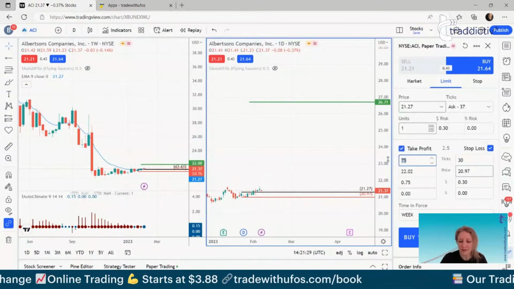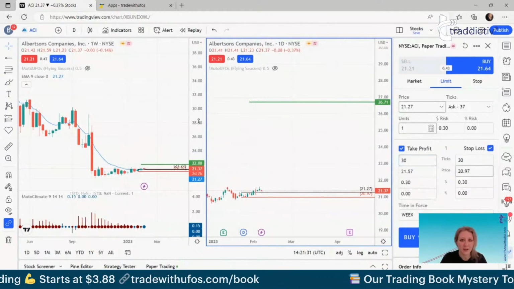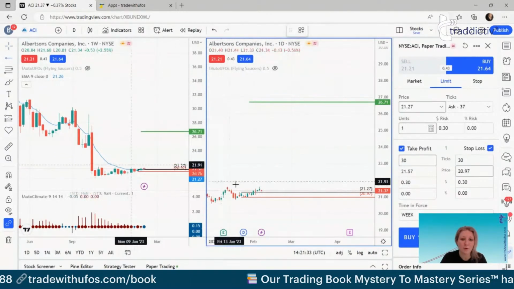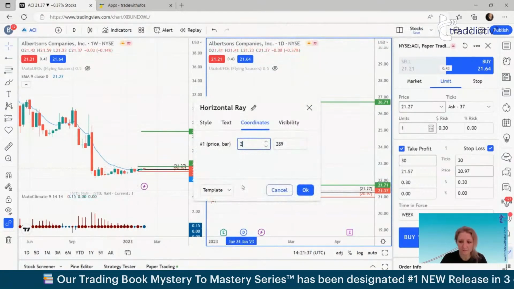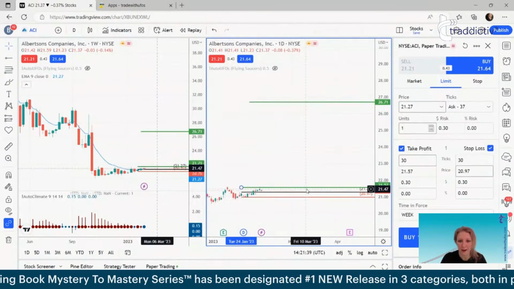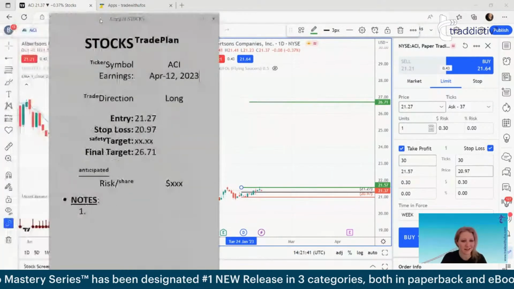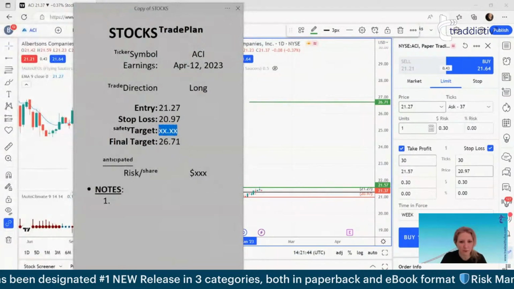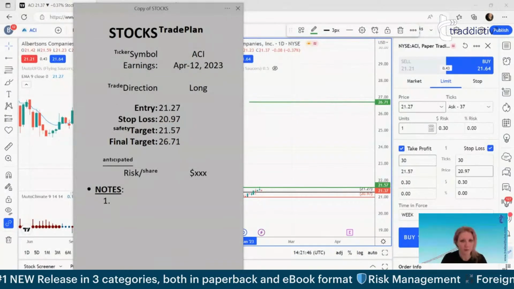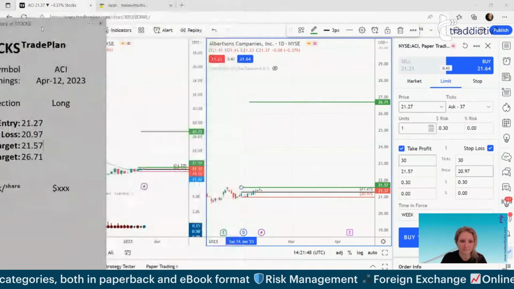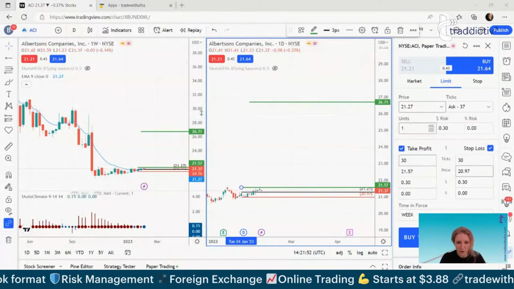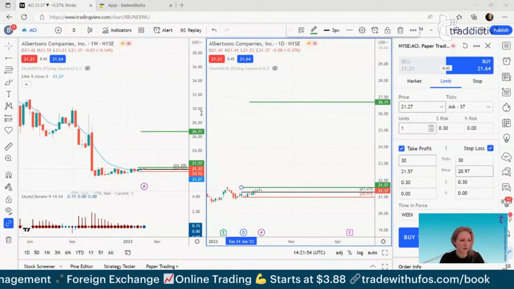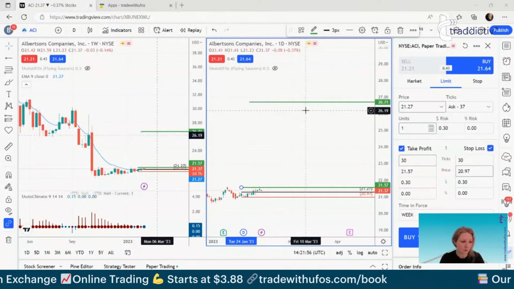If the risk is 30 cents, then so too is the first target in terms of profit in cents. So that means 21.57 is going to be our safety target. Again, let's add this here. So 21.57, and that's information we want to have. So we've got our entry, our stop, our safety target, and our final target.